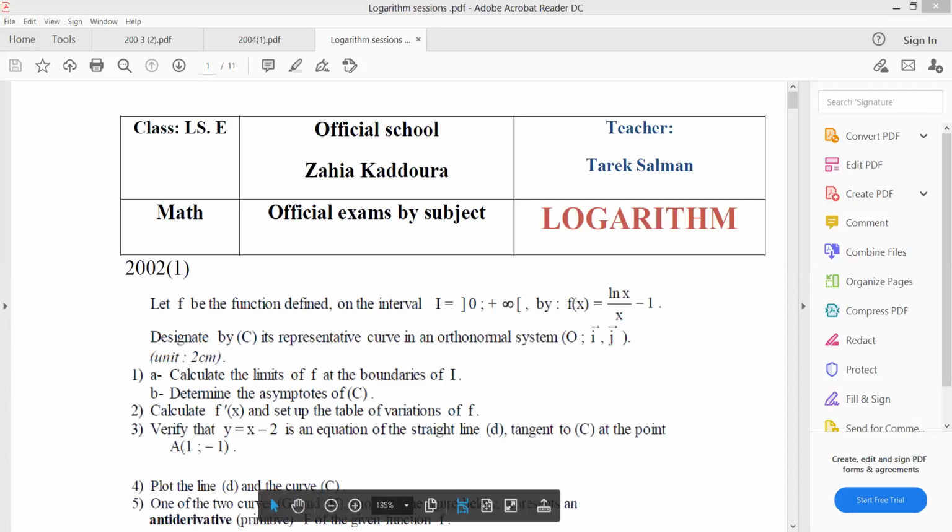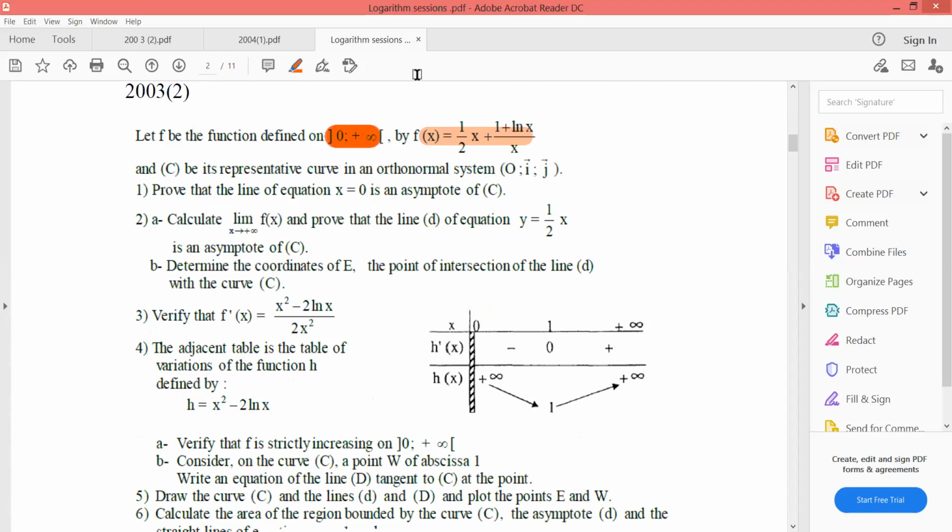Okay, yesterday we solved problem 1. Today we are going to solve problem 2. In problem 2, we have the function f(x) equals half x plus 1 plus ln x over x, defined over 0 plus infinity.